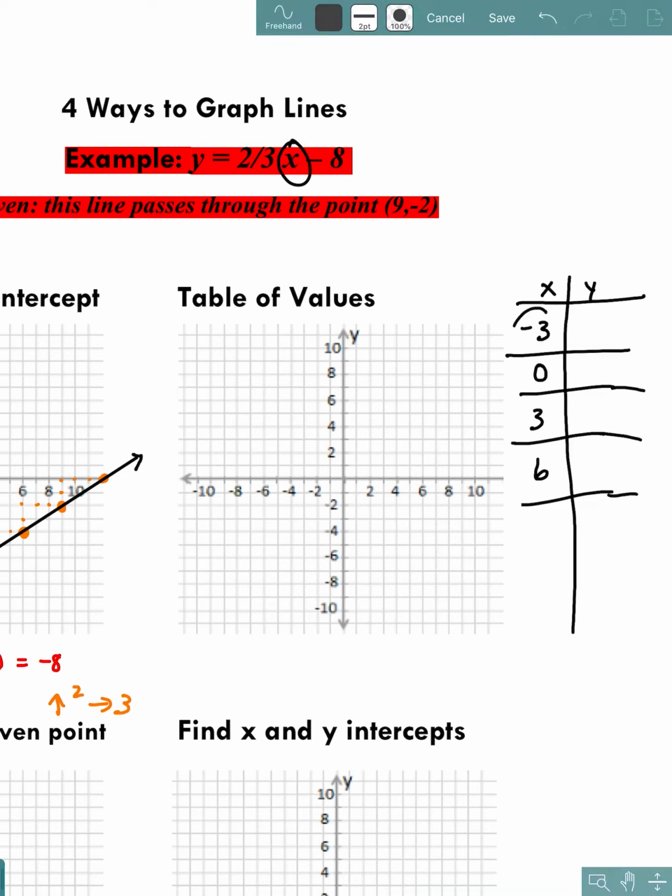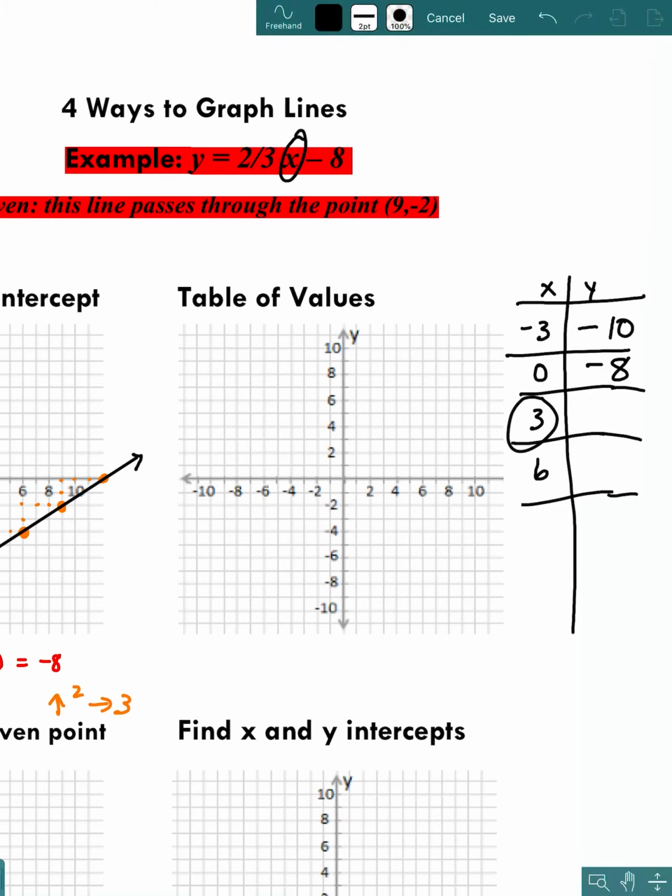I replace x with negative 3 to find the y value. So negative 3 times 2 over 3 minus 8 will give me negative 10. Then here for x, if x is 0, 0 times 2 over 3 is 0, minus 8 is negative 8.